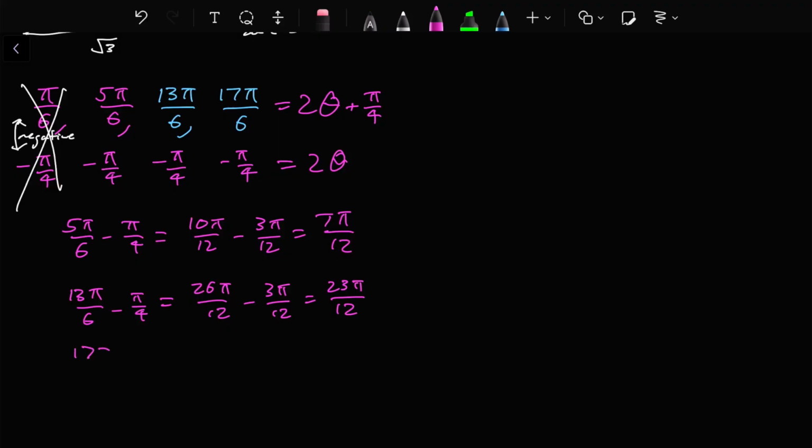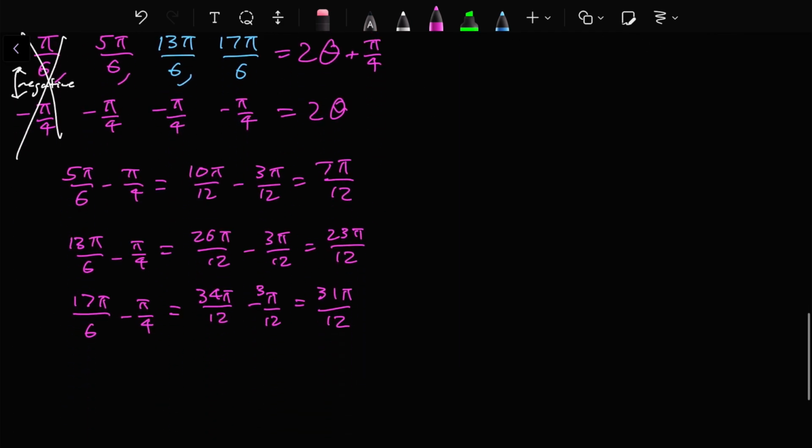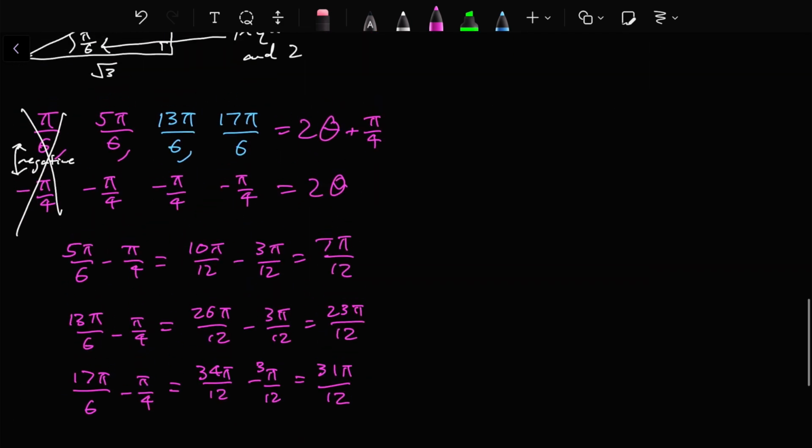And last one, 17 pi on 6 minus pi on 4 equals 34 pi on 12 minus 3 pi on 12, which equals 31 pi on 12. Okay, so these are our 3 solutions, and we get, where should I write it? Yeah, let's write it up here.